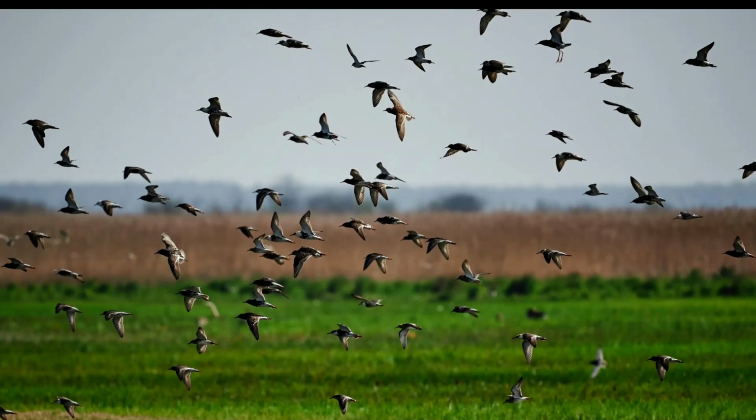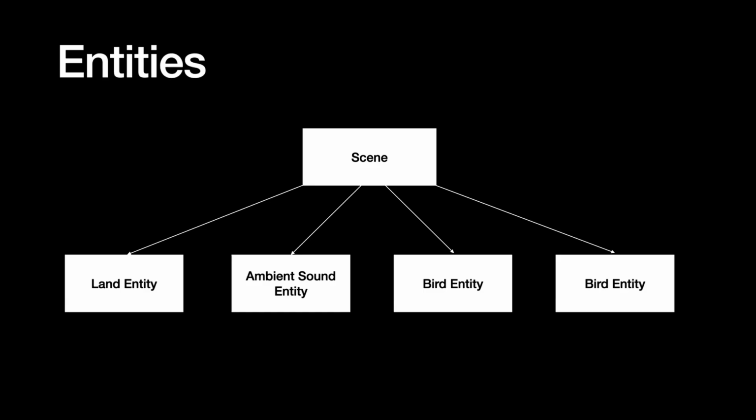And say the bird sounds, they might be an invisible entity, right? Like an audio entity. And the grass, the land, the skybox and everything, they will also be entities. Everything in RealityKit is an entity. Again, you got the scene and there's a bird entity, there's a sound entity and a land entity. That's just a brief overview of how RealityKit is architected.